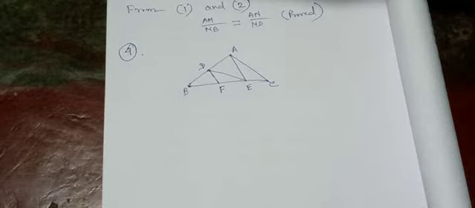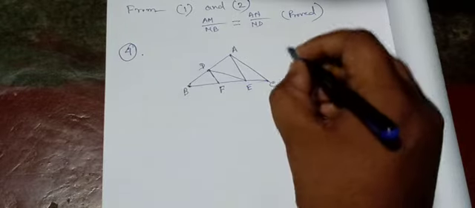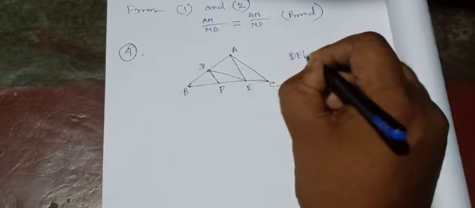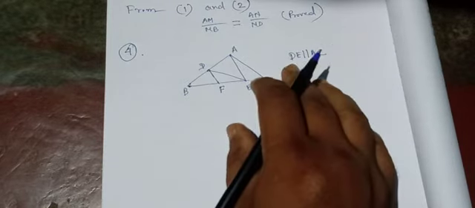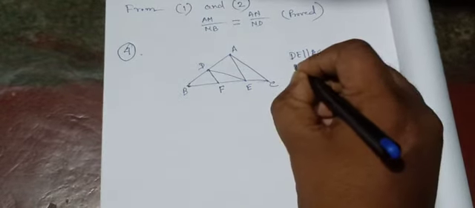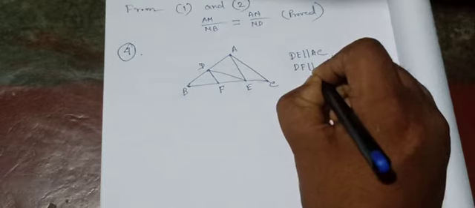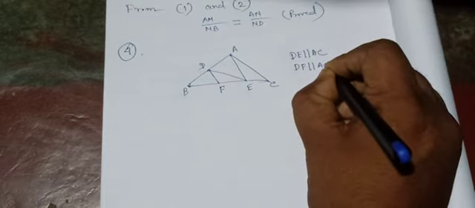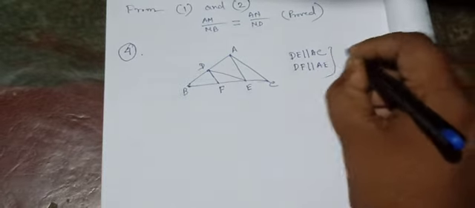Now here it is told that DE is parallel to AC, and DF is parallel to AE. These are given.